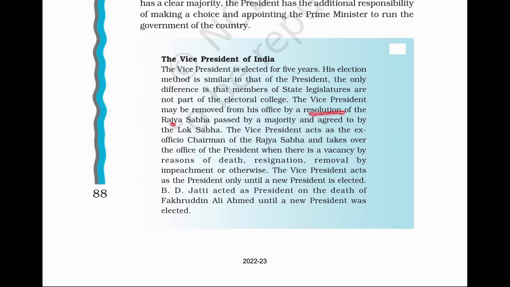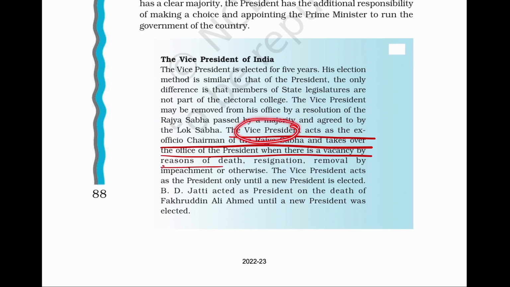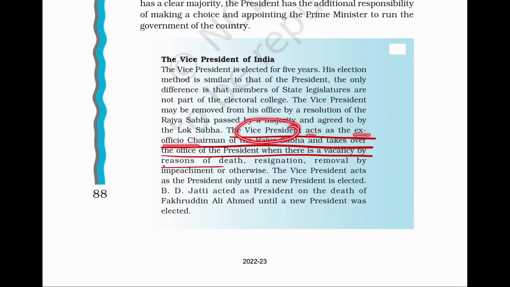By a resolution of the Rajya Sabha passed by a majority and agreed to by the Lok Sabha. Why does it happen only in the Rajya Sabha? I told you in the previous lecture that I would give the reason when that topic comes. Because the Vice President of India acts as the ex officio chairman of the Rajya Sabha.